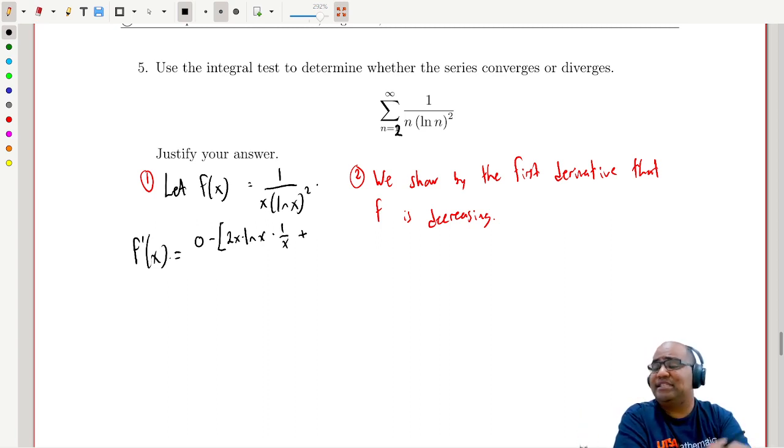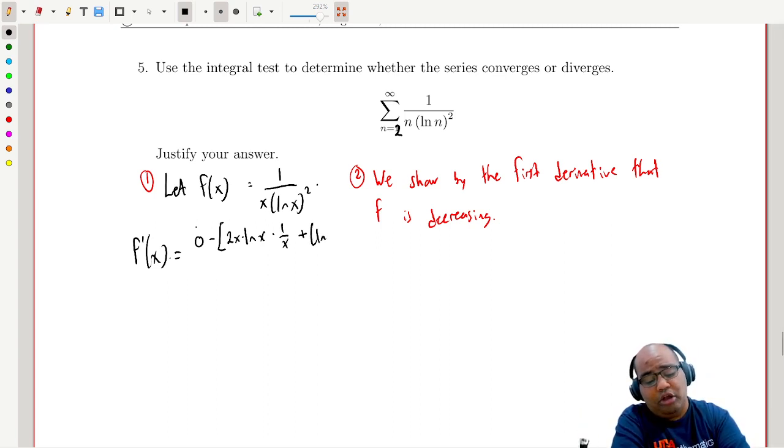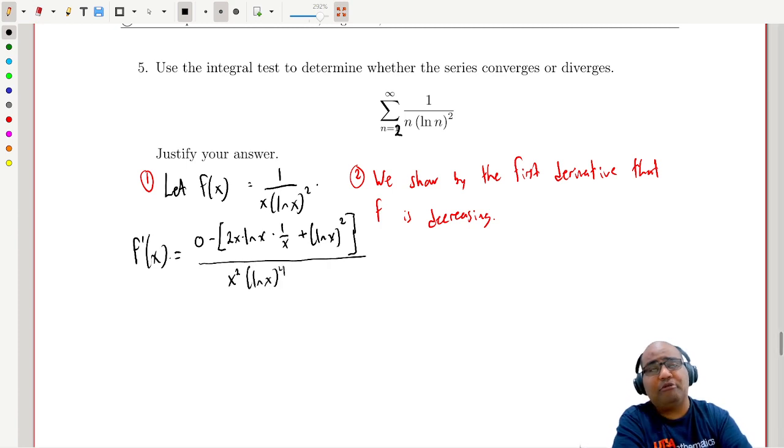The derivative of x is just 1, so I just have log of x squared. And it's all over the bottom squared. So we'll have x squared times log of x to the fourth power. The square of a square is a fourth power.